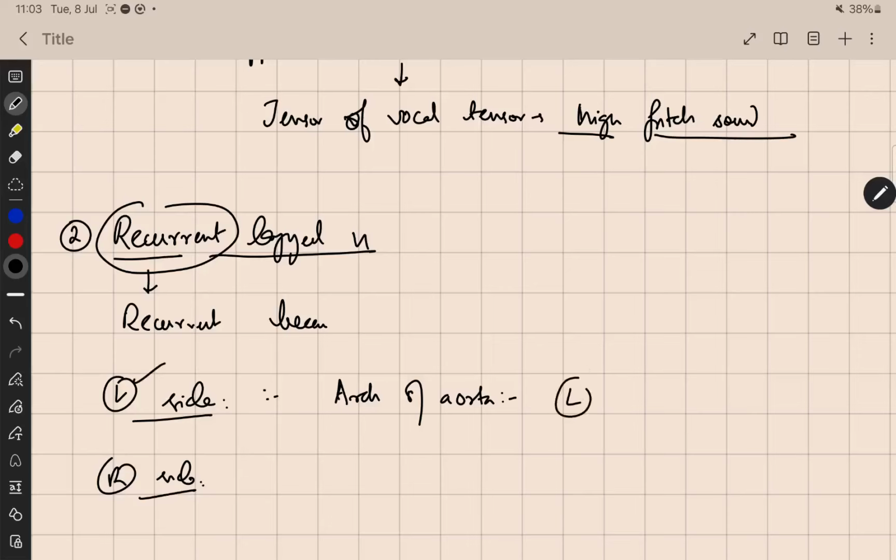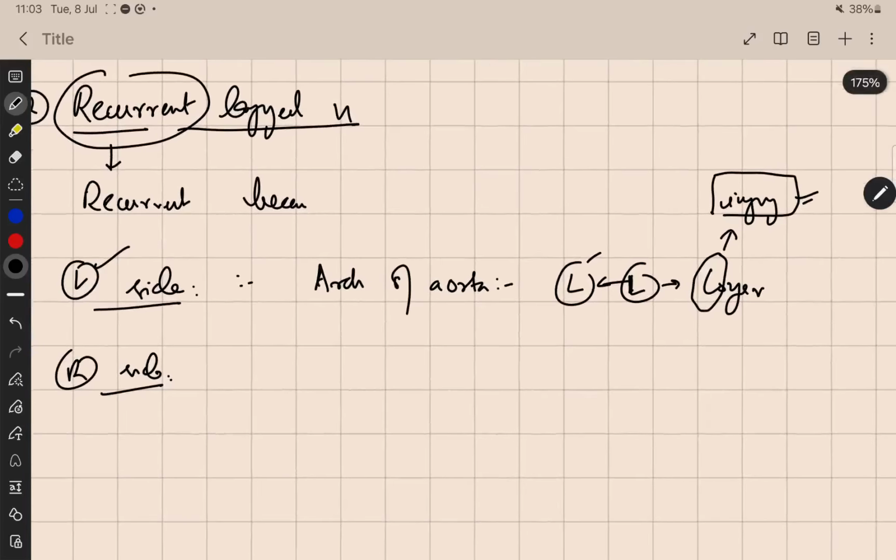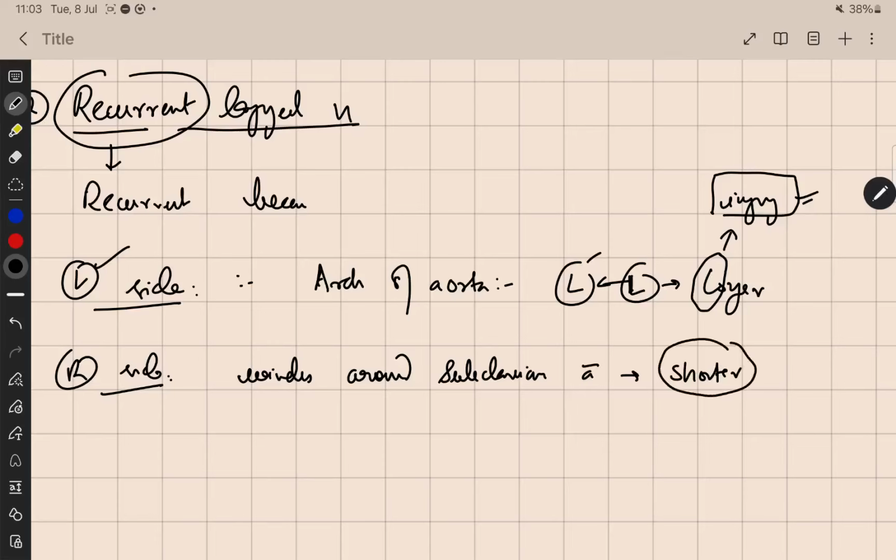So L for L. Left side is longer than the right side, and just because it is longer, it is more prone to injury. So left recurrent laryngeal nerve is more prone to injury than the right side, and right side winds around the subclavian artery, which is shorter. So left side is longer while right side is shorter than the left side.